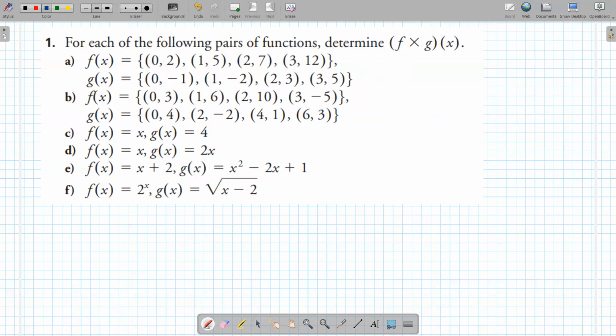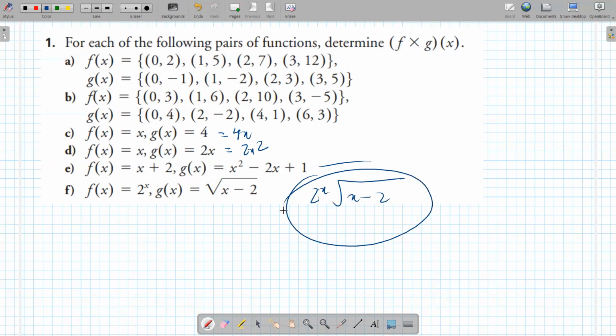What's x times 4? 4x. That's it. That's the entire answer for C. What about D? What's x times 2x? 2x². Yeah, done. And same thing for E, right? You just multiply them. For F, it's just going to be 2 to the x times x minus 2. There we go.